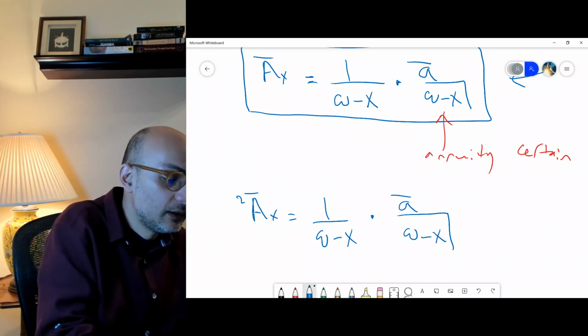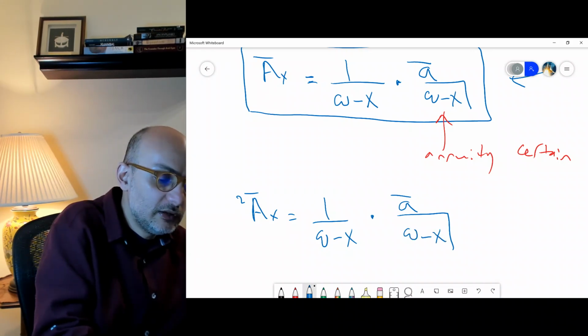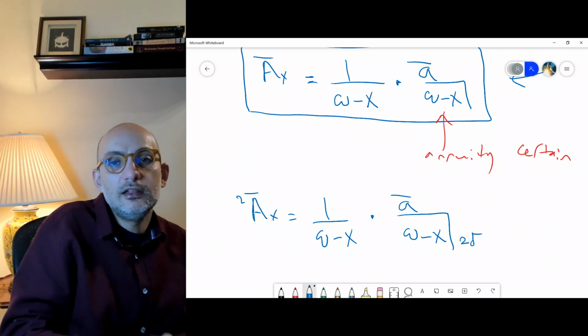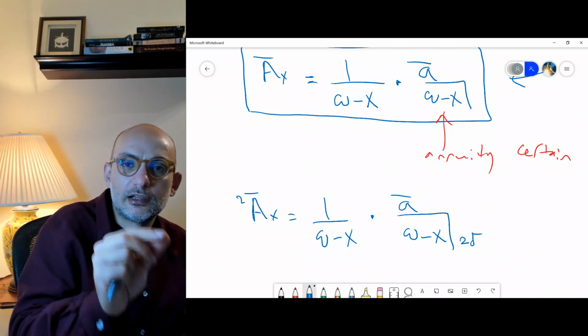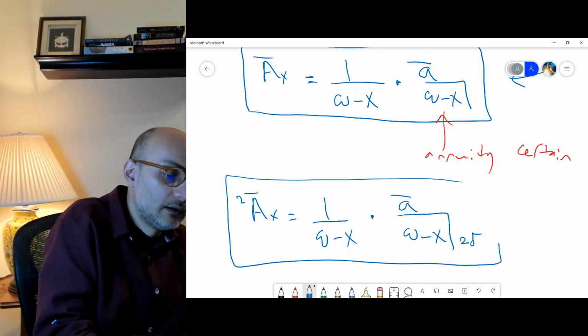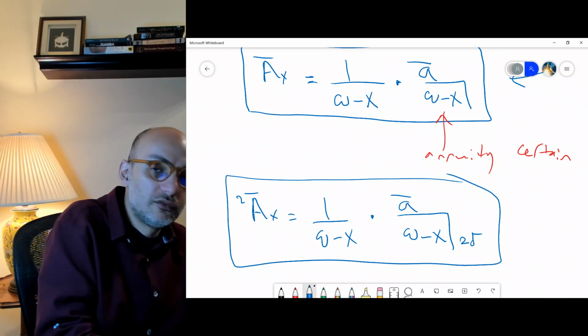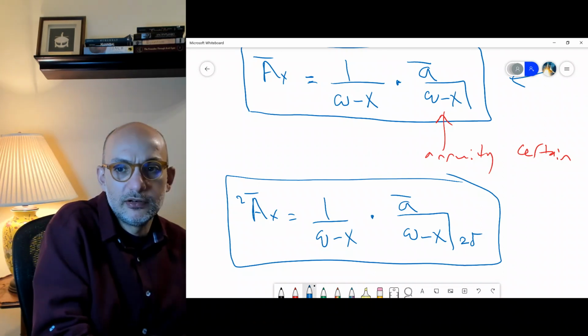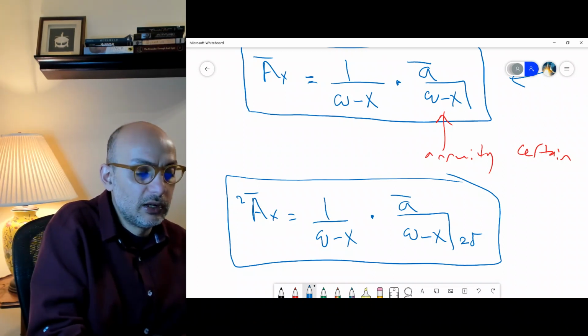But what you need to see is you use 2 delta, like 2 forces of interest. So you take 1 over omega minus x, and then multiply it by the annuity certain, evaluated at 2 delta, right?